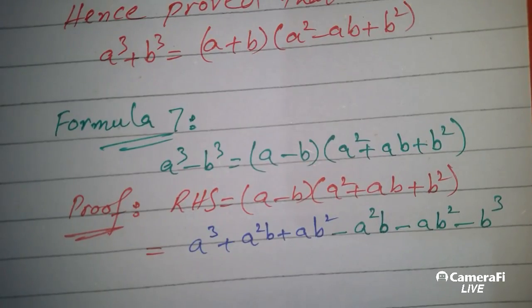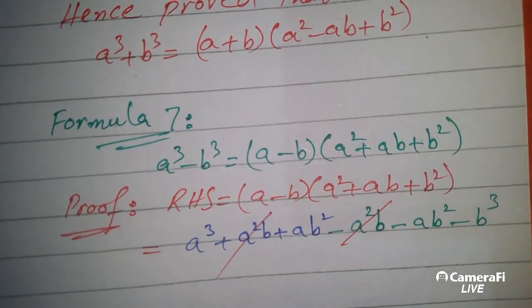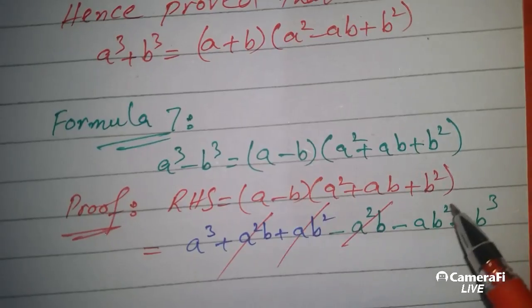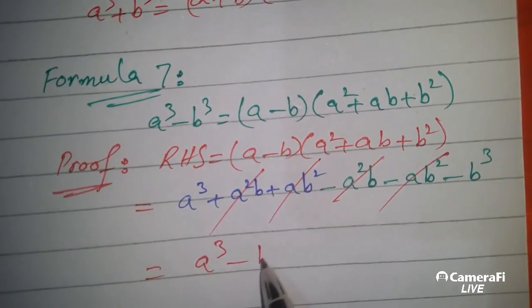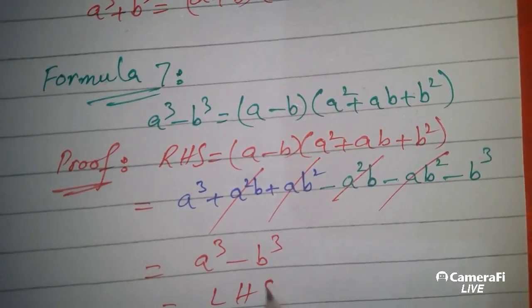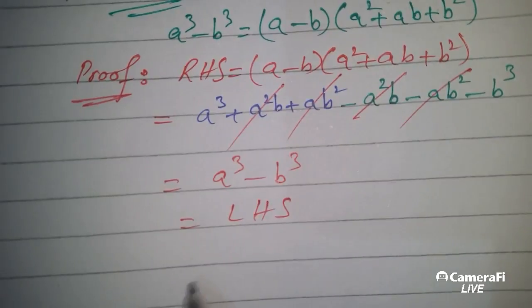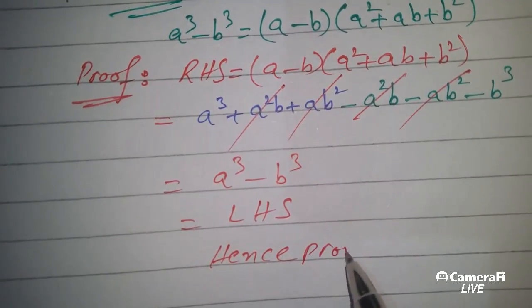Now I can just cancel the terms which need to be cancelled. This term will cancel with this one, and this with this one, and what is left is a cube minus b cube, which is the left hand side. Hence proved.